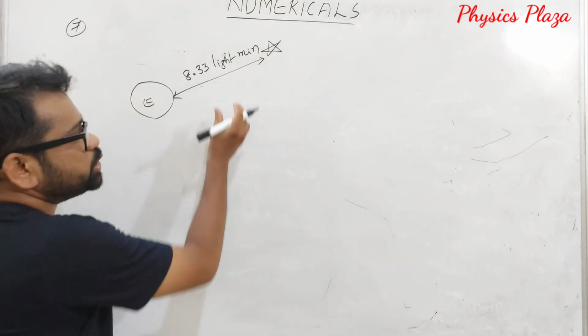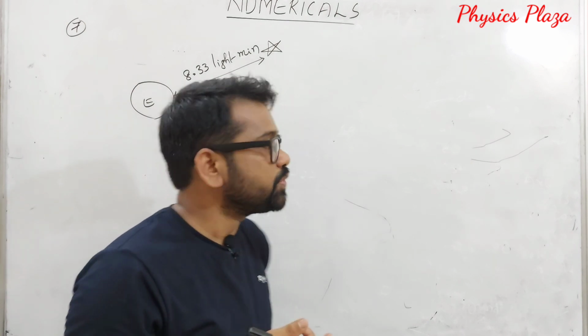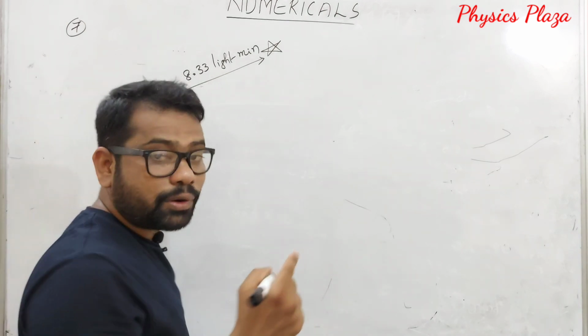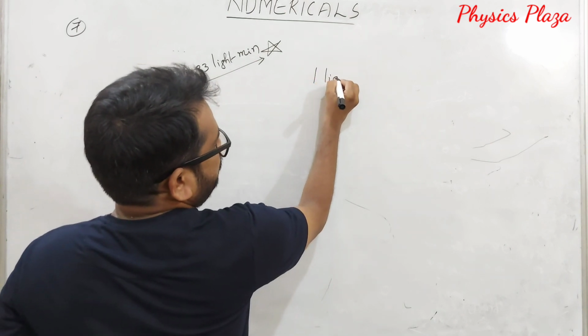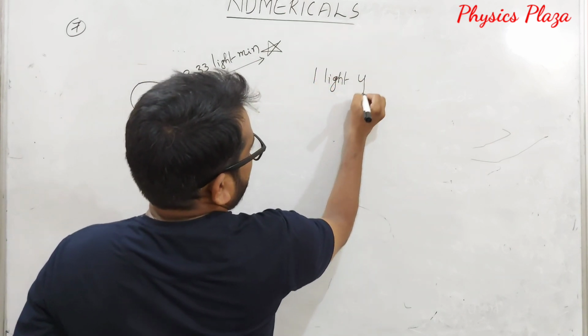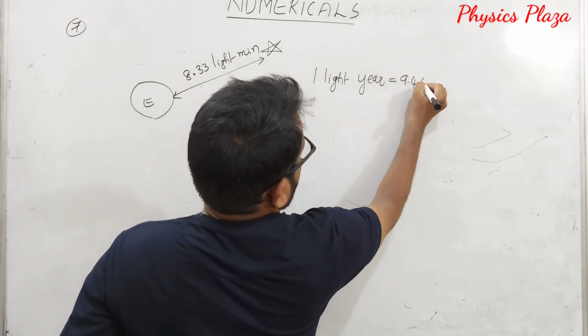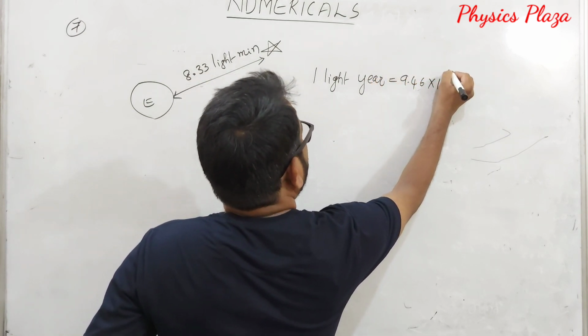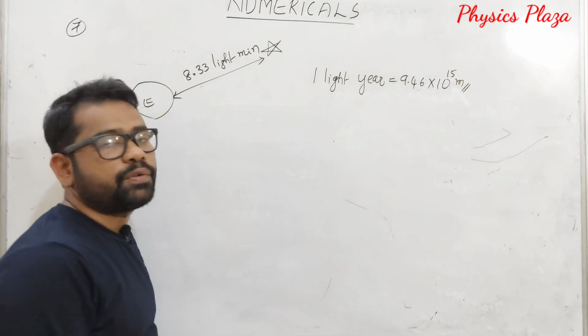Now they are asking us to express this value in meters. Children, do you remember what the light year value is? We know that 1 light year is equal to 9.46 into 10 to the power of 15 meters. Approximately it is 10 to the power of 15 meters.